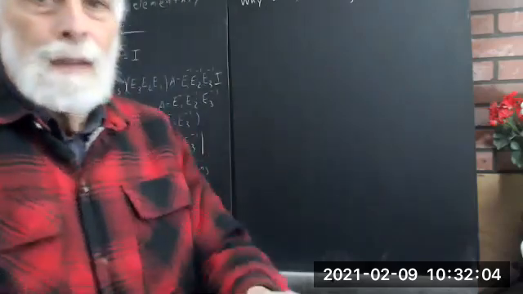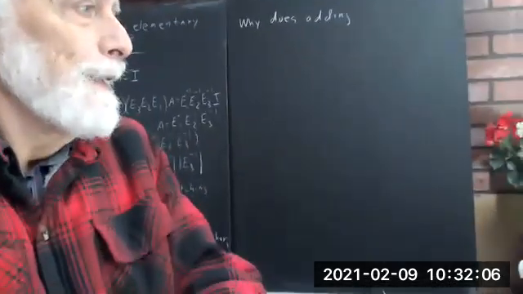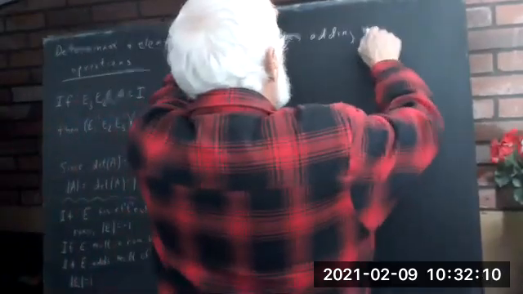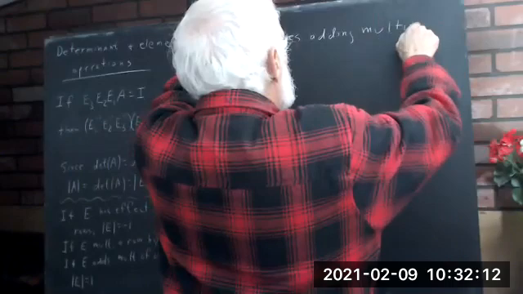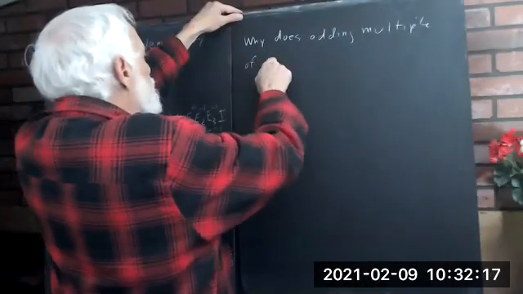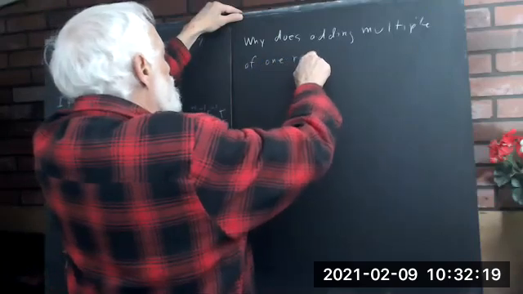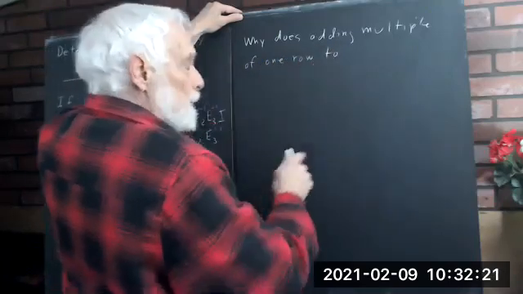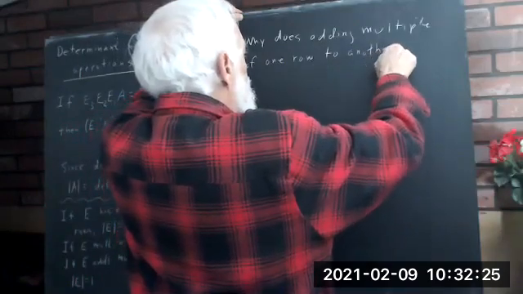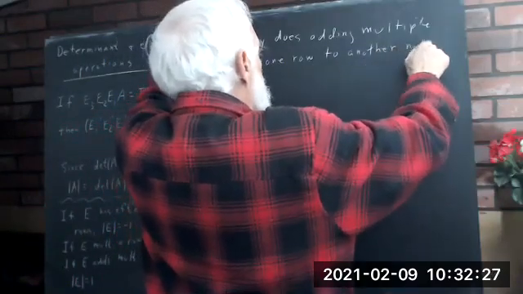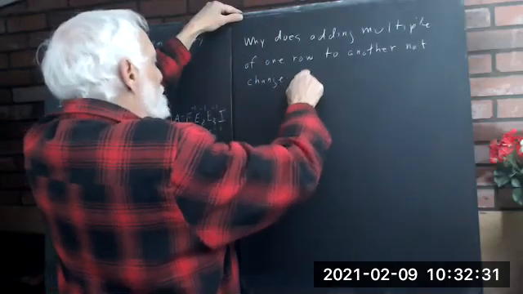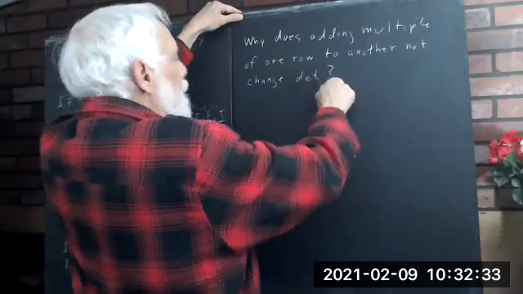And why does adding a multiple of one row to another not change the determinant?